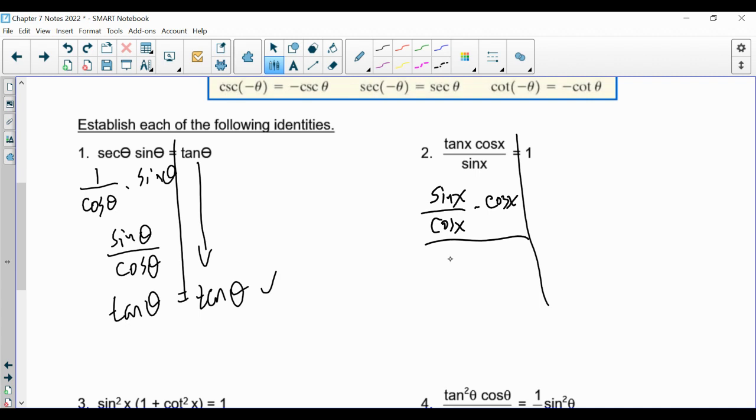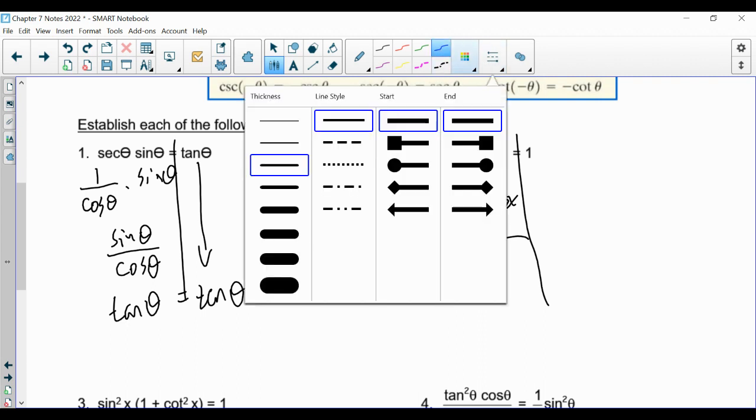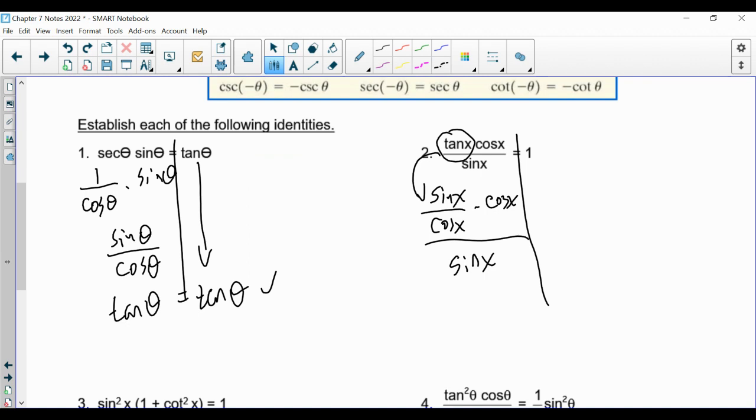Okay, so we would have sine of x over cosine x times cosine x, and then all of this is over sine of x. All I've done is replace tangent with sine over cosine, using the quotient identity. Then once you do that, now it's just a bunch of algebra properties.